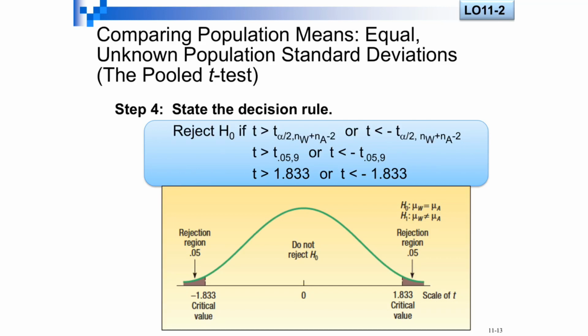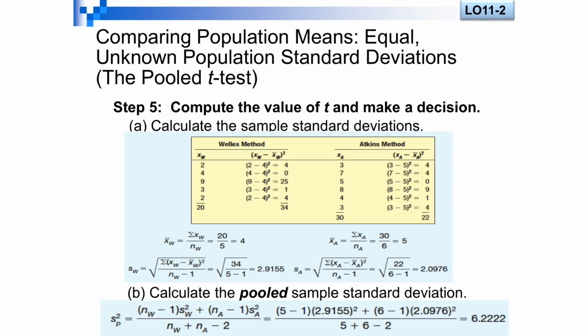But since here we have two samples, we subtract 2. Be careful about that. So we add the two samples together, and after that subtract 2 to get the degrees of freedom. And since it's two-sided, because the difference is on both sides, we divide the significance level by 2, right? And after that we get the value from the table, that is 1.8 on the positive and negative side.